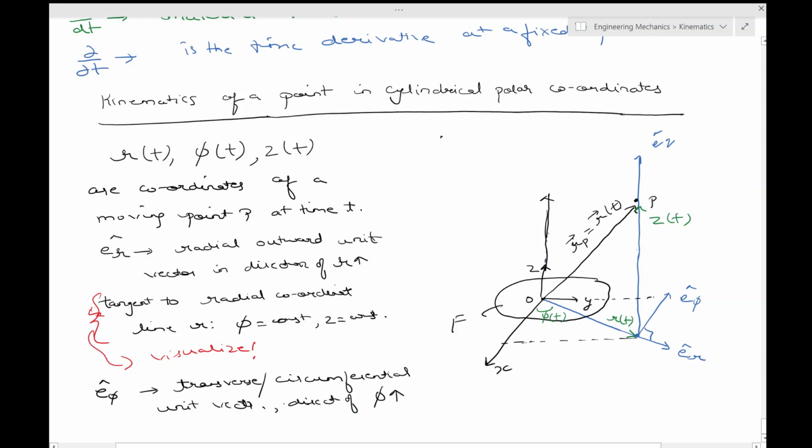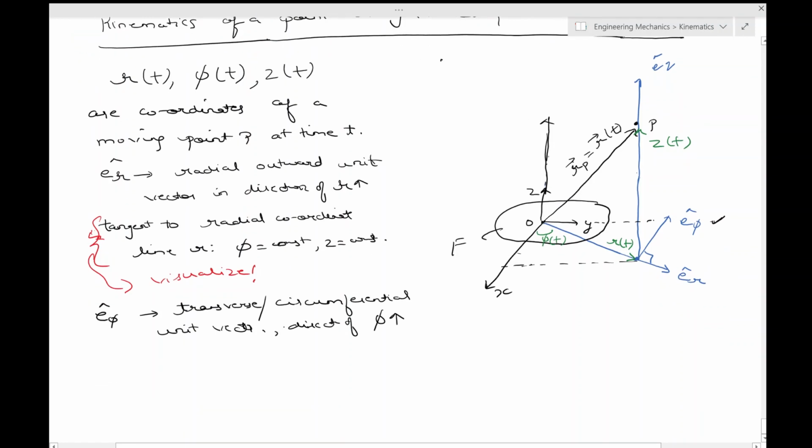So phi is the angle which is measured from the x-axis, so as this keeps on increasing, that's why you have E phi along this direction over here. And clearly it is along the circumferential coordinate line phi where r is a constant and z is a constant. I'm not writing that again, but you should be able to visualize that.